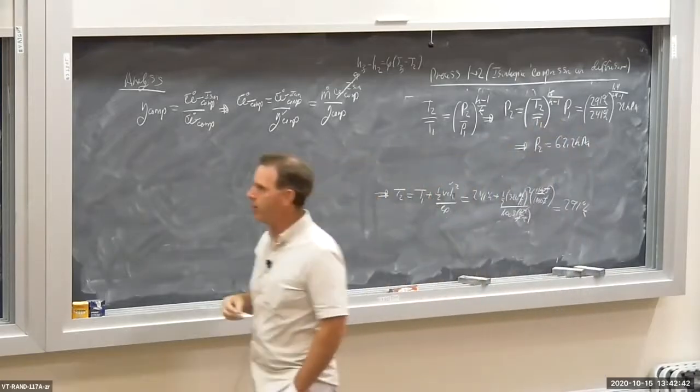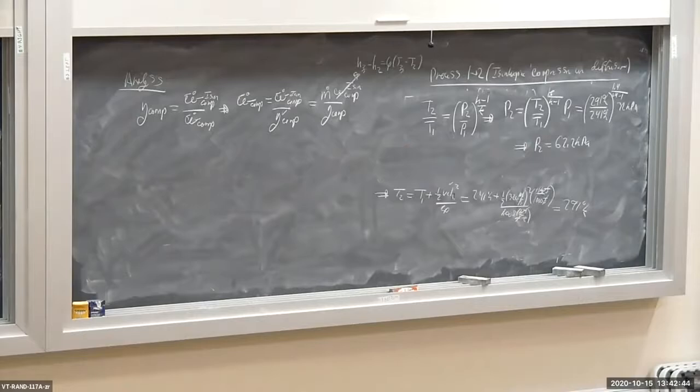So the temperature at the outlet of the diffuser, T2, is 291, and P2 is 62.6. So diffusers raise the pressure and raise the temperature.